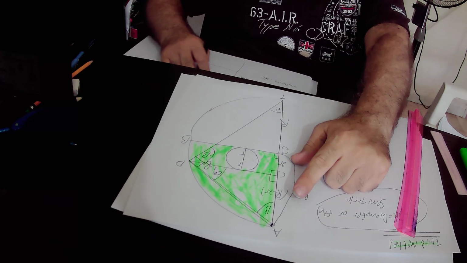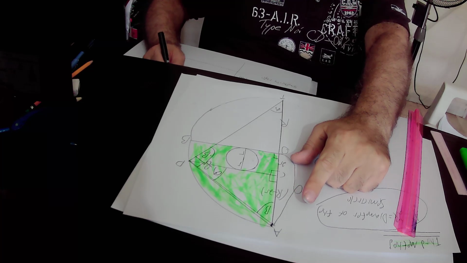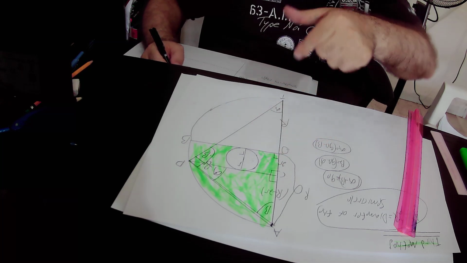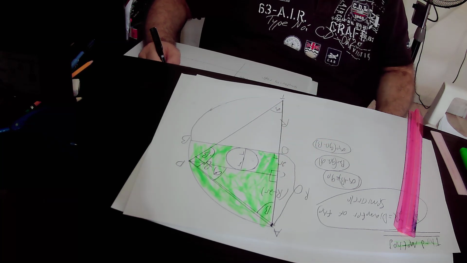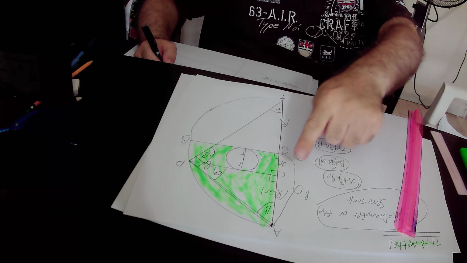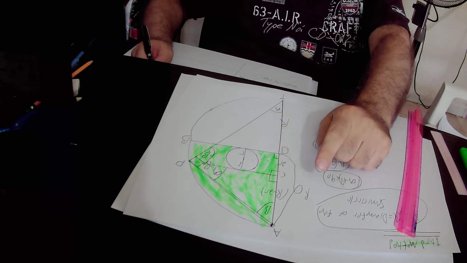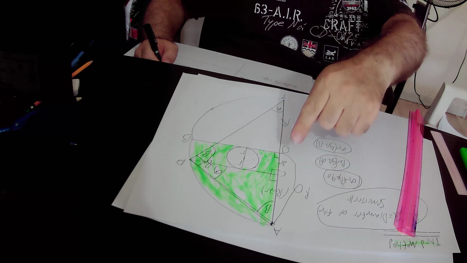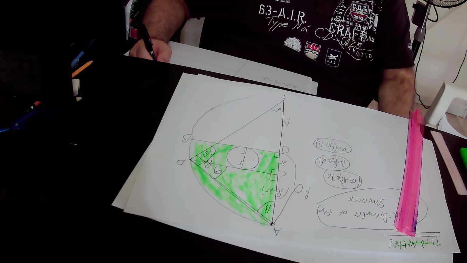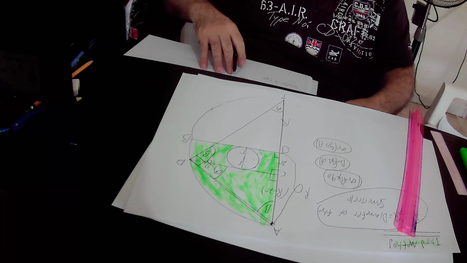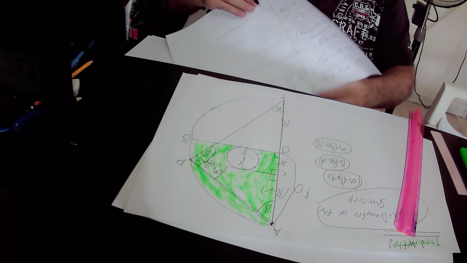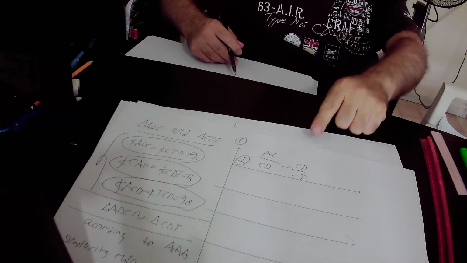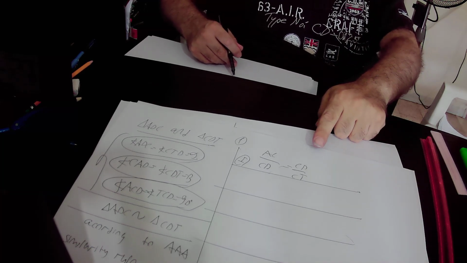AC in triangle ACD over CD in triangle CDT is equal to CD in triangle ACD over CT in triangle CDT. I repeat again, we derive that AC over CD equals CD over CT.